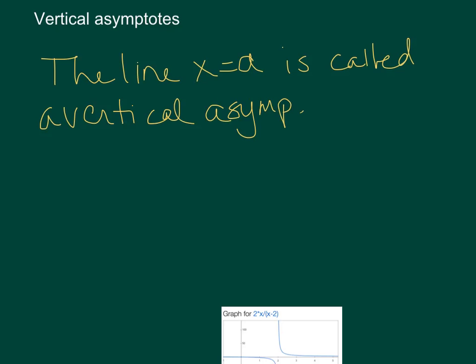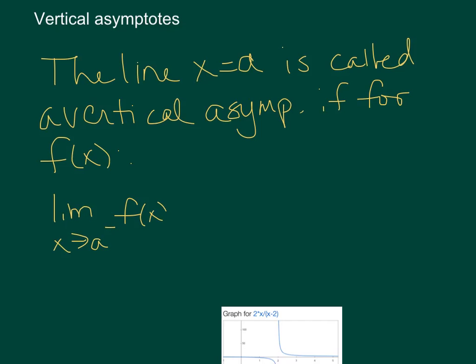if, for f of x, one of the following things occurs. If the limit as x approaches a from the left of f of x is equal to positive or negative infinity, or if the limit as x approaches a from the right of f of x goes to positive or negative infinity, we have ourselves a vertical asymptote.